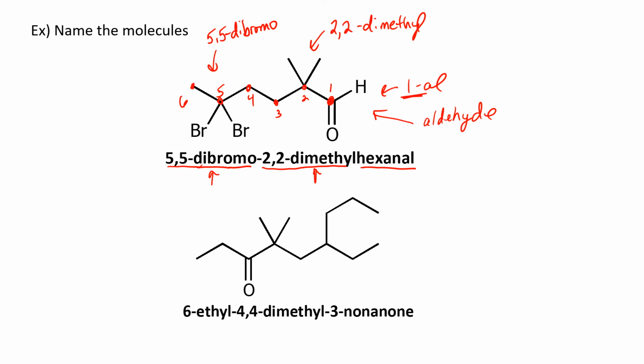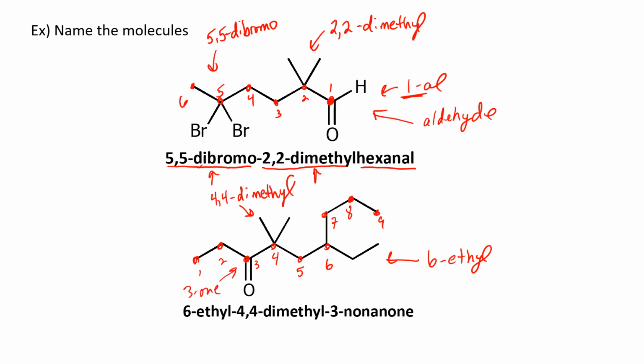For the next one, that's a ketone. So we want to give our ketone the lowest possible number. 1, 2, 3, 4, 5, 6, 7, 8, 9. Looks like we have a 6-ethyl, a 4,4-dimethyl, and there's a 3-one.